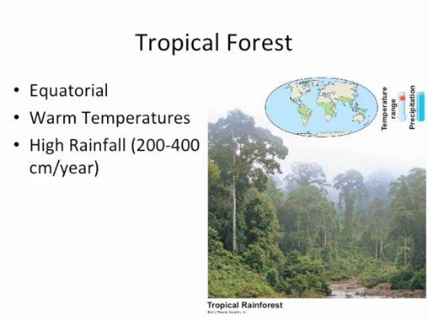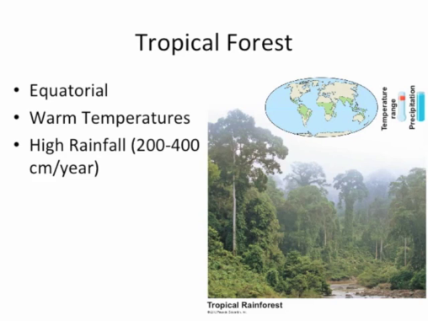So if you look at the graph on the upper right, it shows temperature range is pretty high up, and so is precipitation. So if you look at the map there, you'll notice that tropical rainforests run in a band right around the equator. You get some in South America, you get some in Central Africa, you get some in Northern Australia, you get some in Southern Asia. So there's tropical forests right at the equator, because that's where you get lots of rainfall and you get lots of energy, so very, very warm temperatures.